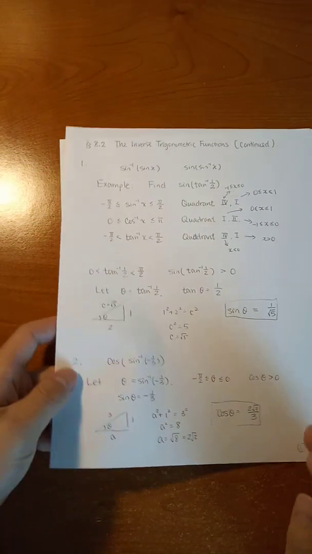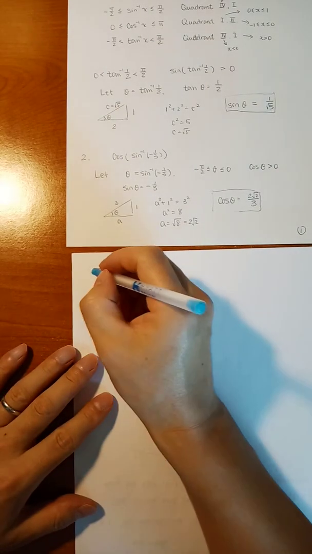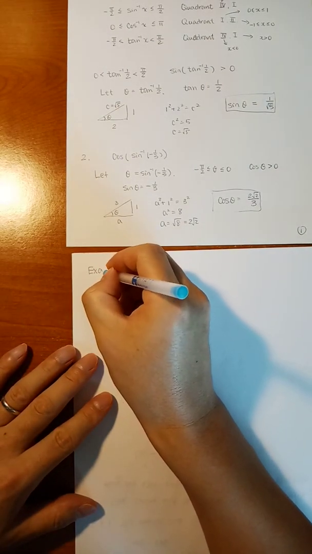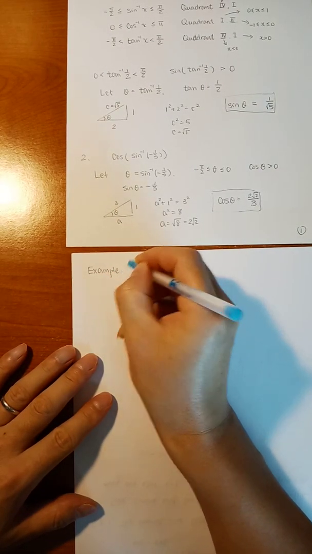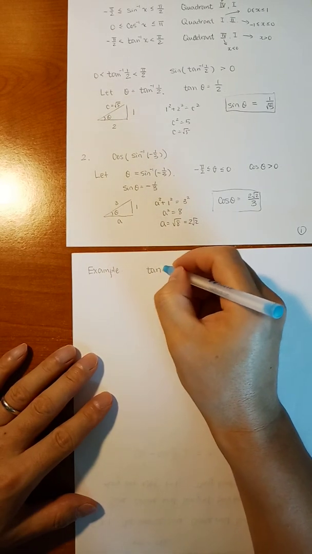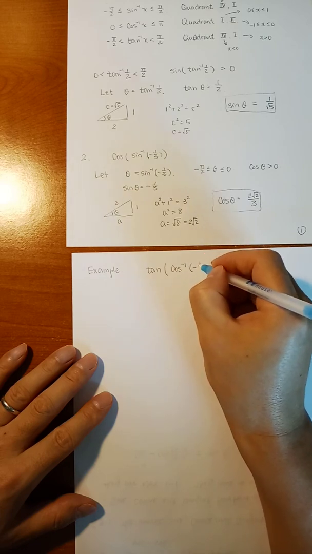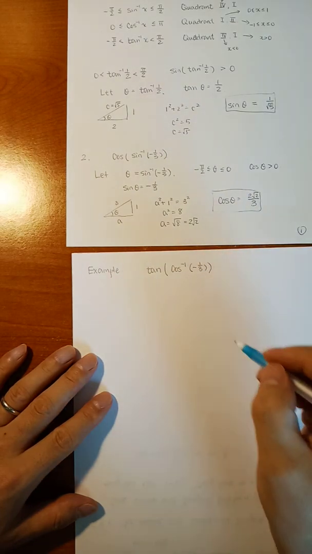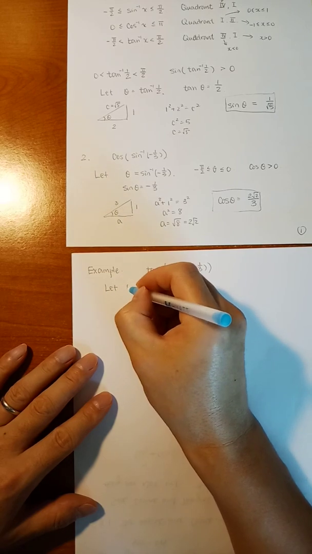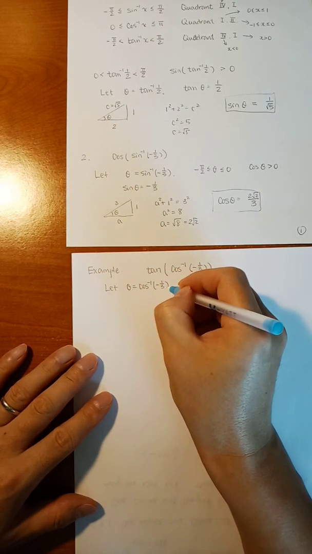Now let's see another one. Example: we are looking for the tangent of cosine inverse of negative 1 over 3. So let theta be cosine inverse of negative 1 over 3.